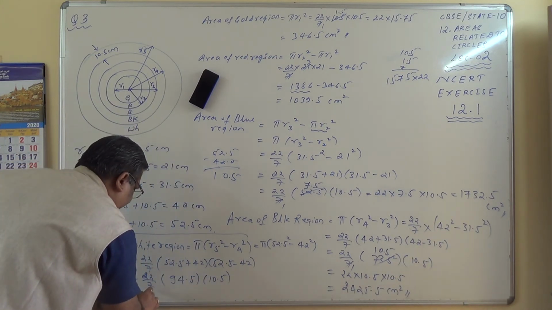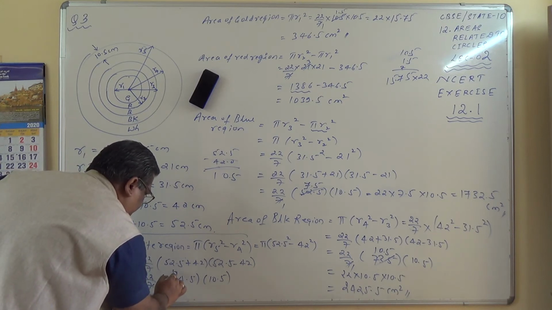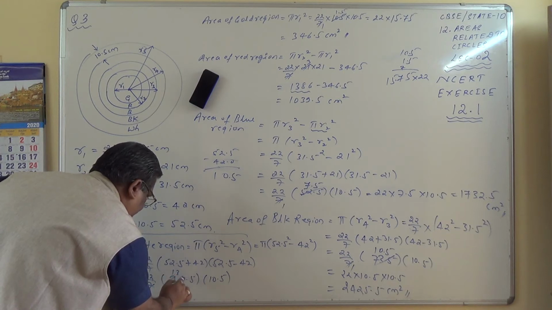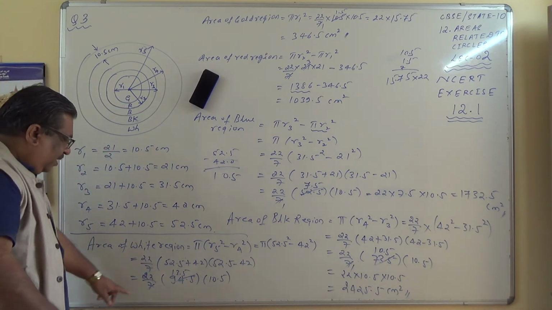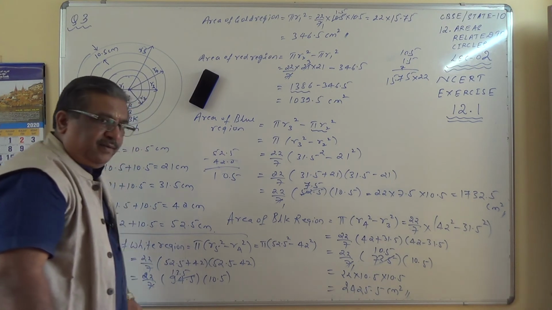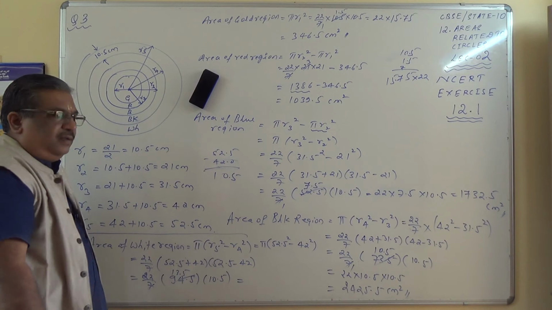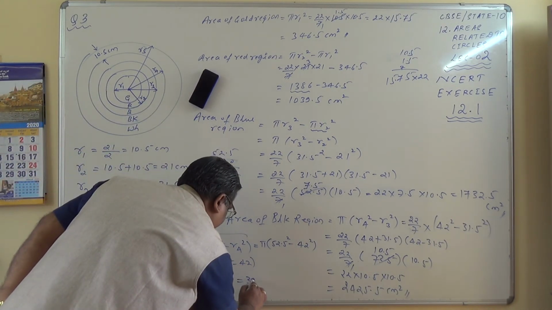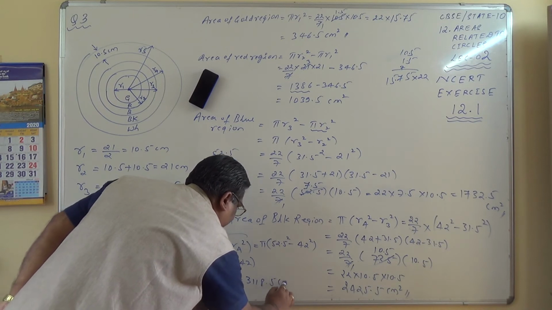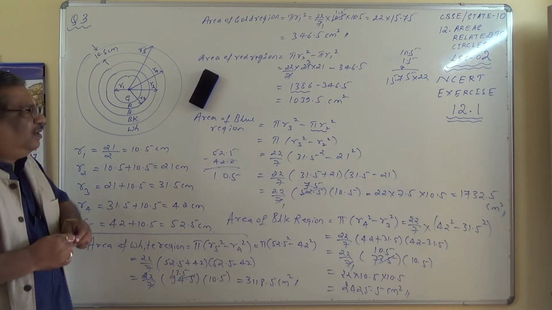So you get 7 ones are 7. Work out 22 into 13.5 into 10.5, which equals 3118.5 square centimeter. Is it correct? Okay, so this is how you can work out.